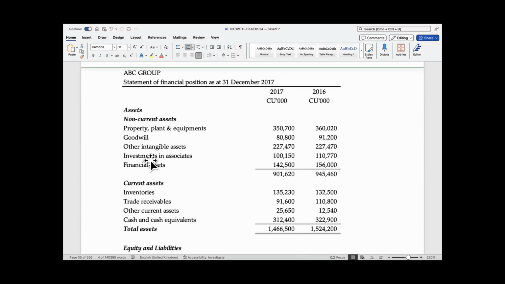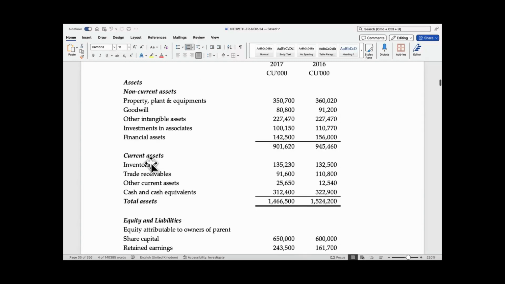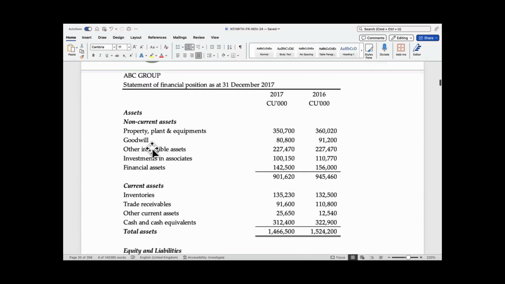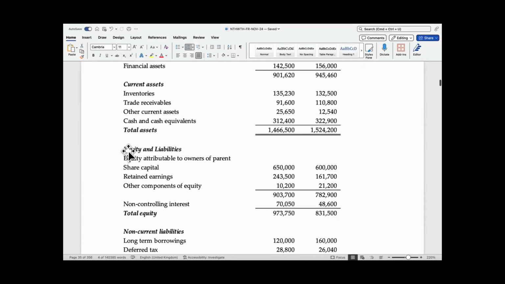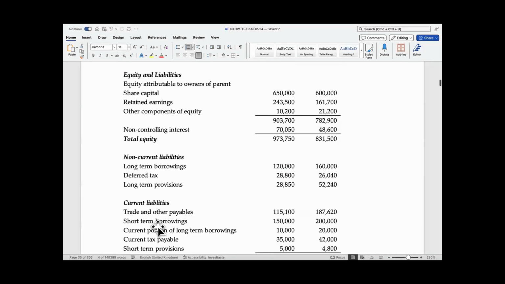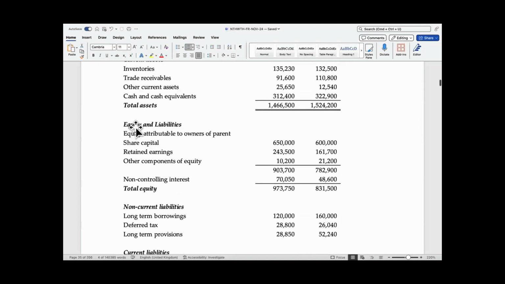Okay, so in your statement of financial position, we expect your total assets to equal your equity and liabilities. I've spoken about liabilities, but there's something called equity, which comprises your share capital, your retained earnings, and other components of equity.